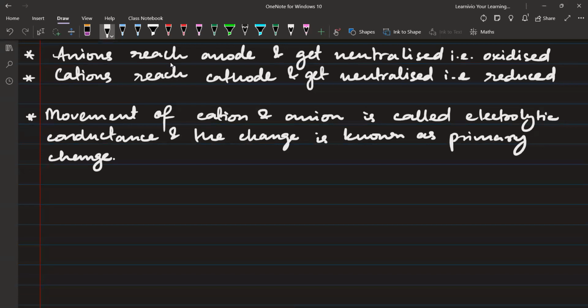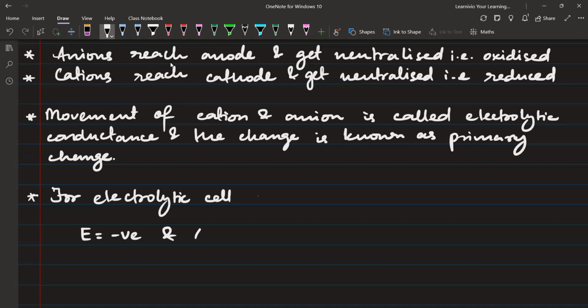Last point, I hope this is quite obvious. For electrolytic cell, E will be negative and delta G will be positive, because a non-spontaneous redox reaction is occurring here.